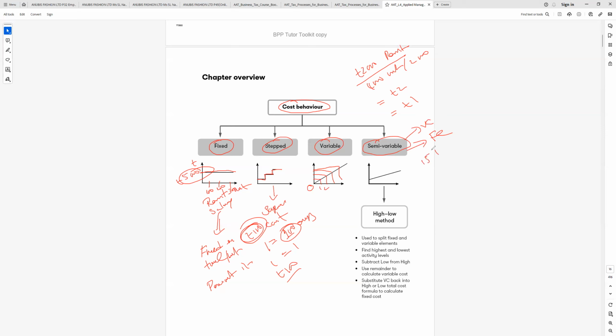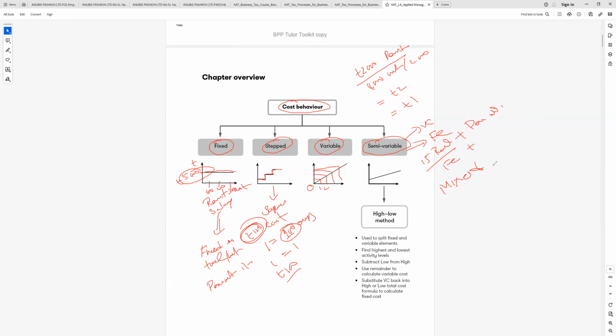This one we have to pay anyway, whether we use the phone or not. But if we use it, then it will be plus per minute or per call. So £15 is the fixed cost, plus a variable part depending on how many calls we make. This is a very common example of semi-variable cost, or mixed cost. Mixed cost represents the variable cost and the fixed cost together.